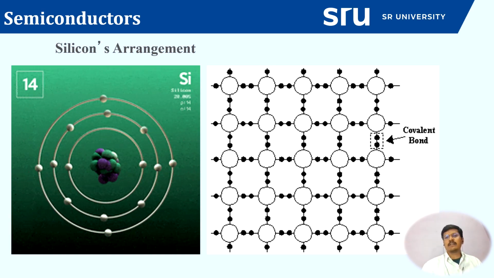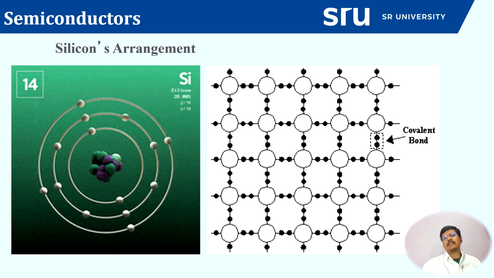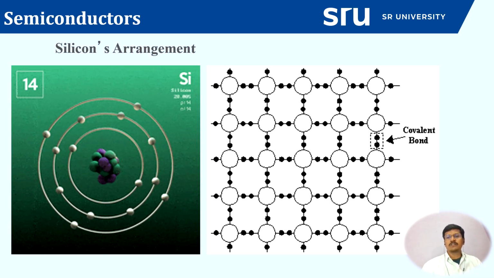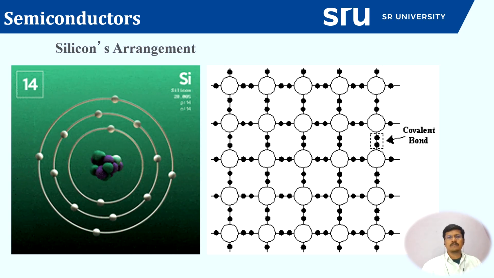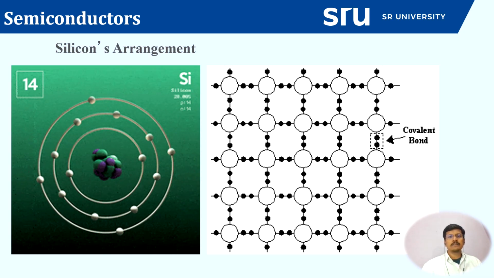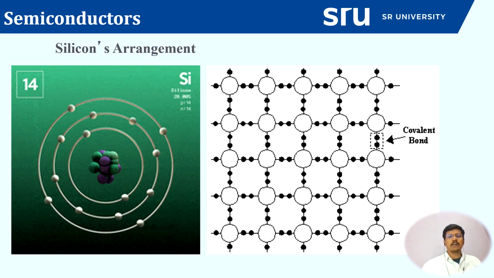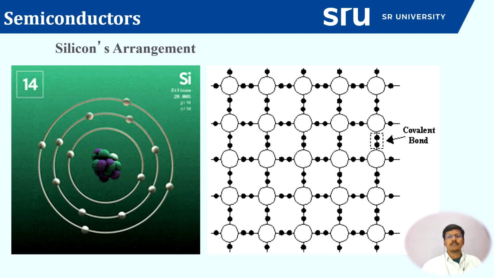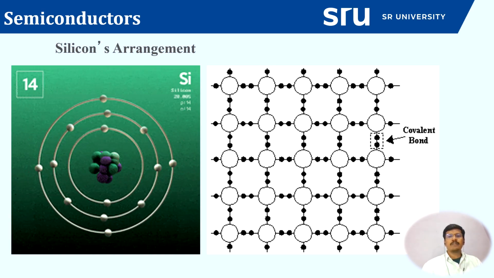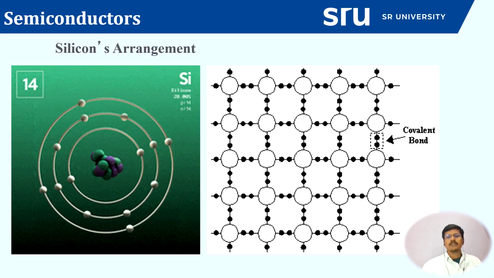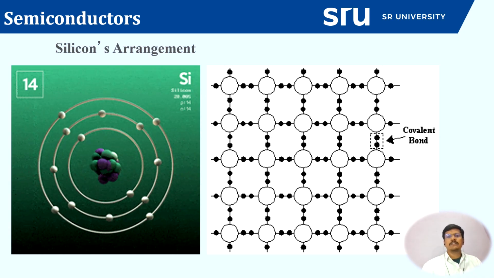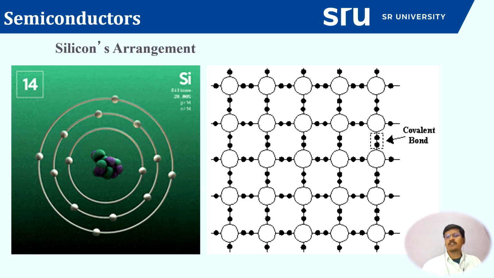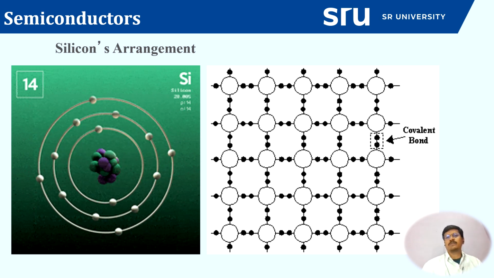And on the right side, you can see the periodic arrangement of the outermost orbital electrons in the silicon crystal. You can see here in the outermost orbital there are 4 electrons. These 4 electrons make bonds with the 4 electrons of the neighboring silicon atoms.